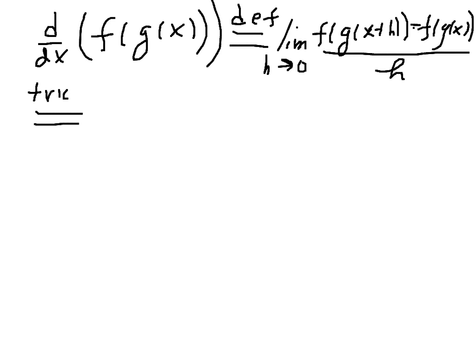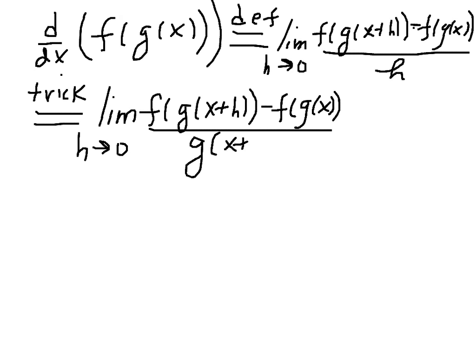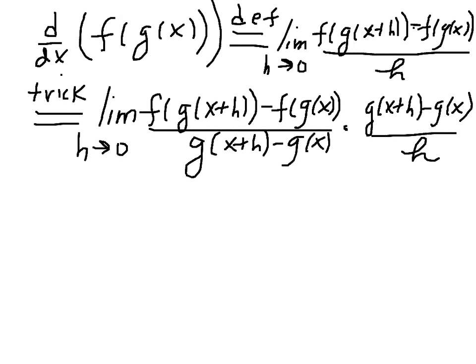The trick is to rewrite this as the limit as h goes to 0 of f of g of x plus h minus f of g of x all over g of x plus h minus g of x, times g of x plus h minus g of x over h. Let's put in some big brackets here.